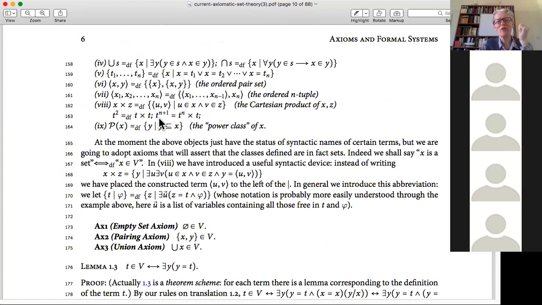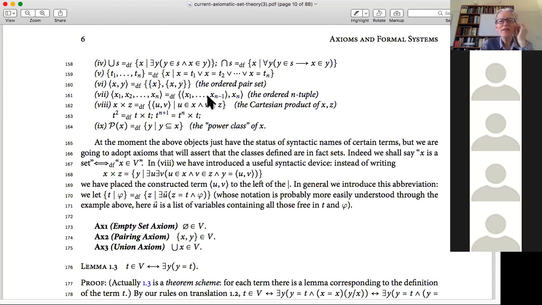V to the n plus 1 is actually just a binary relation. It's a relation between V to the n and V. So a relation which consists of n plus 1 tuples is also officially a binary relation. It's just that the first coordinate is itself an n-tuple.